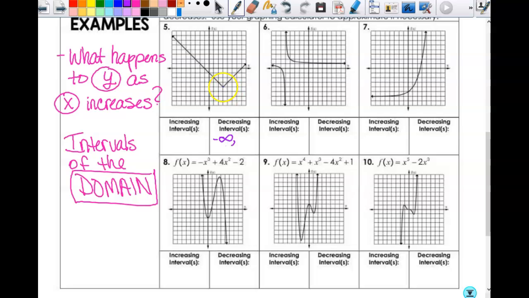This ordered pair here, so that y value is 4. Decreasing from 0 to 3. I'm sorry, not 0. Negative infinity to 3. Increase from infinity.